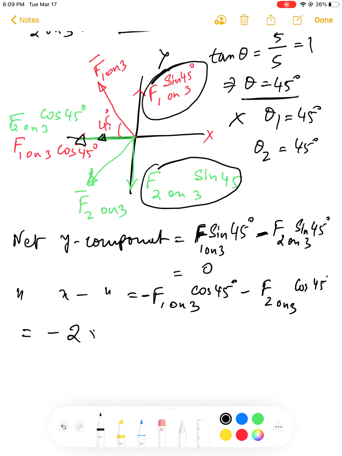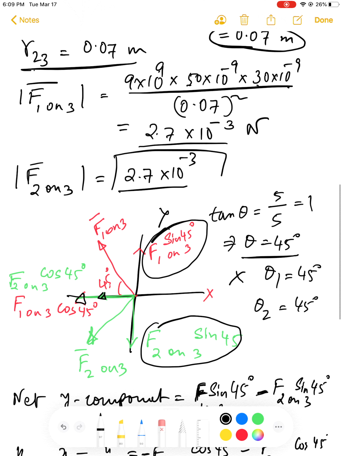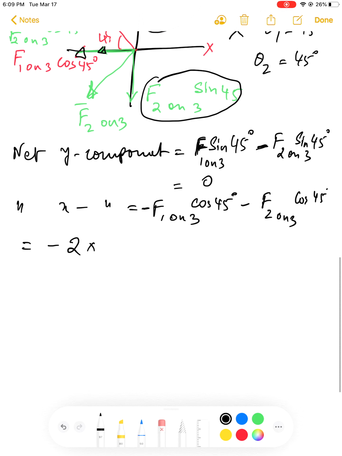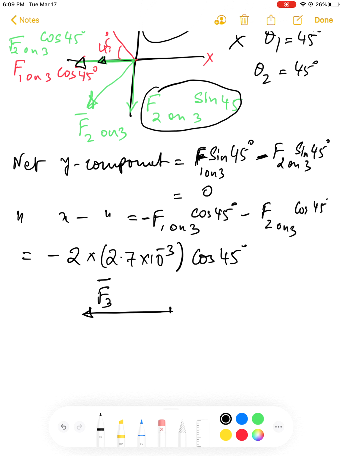So it's minus 2 times, basically because their magnitudes are the same, we're using the same magnitude here, right? 2.7 times 10 to the minus 3. So 2 times 2.7 times 10 to the minus 3 cosine 45 in the negative x direction. So your net force, in your example it's called F3, is going to the left.